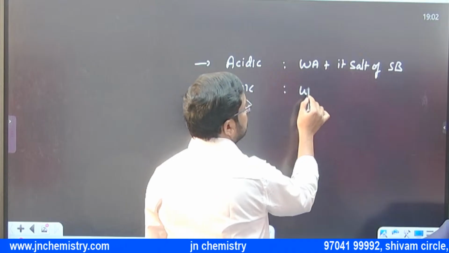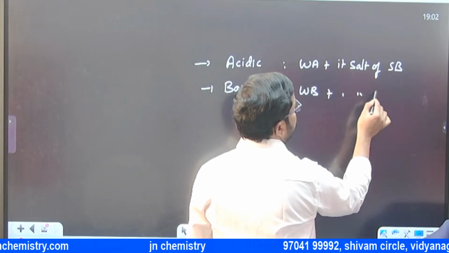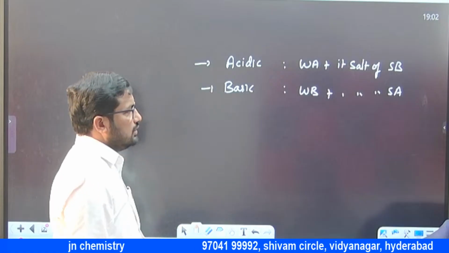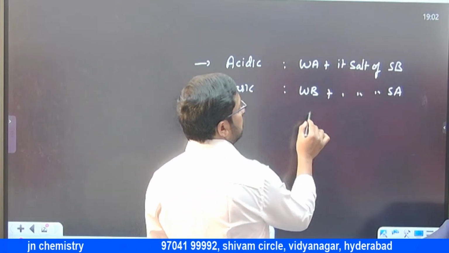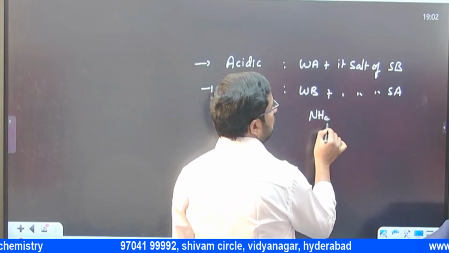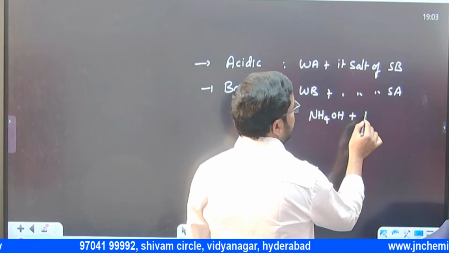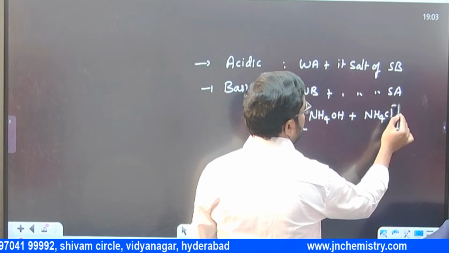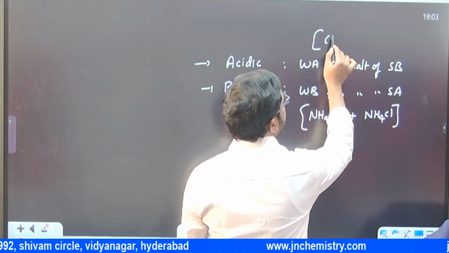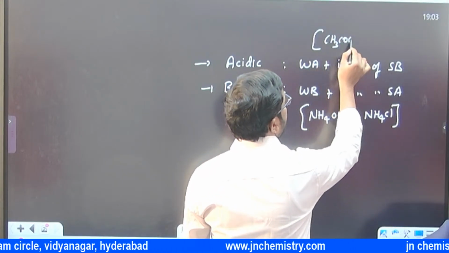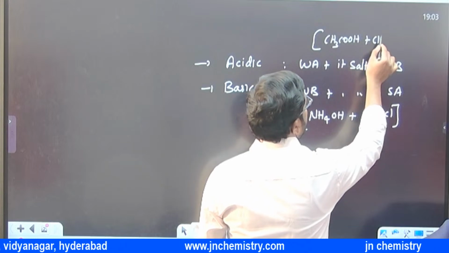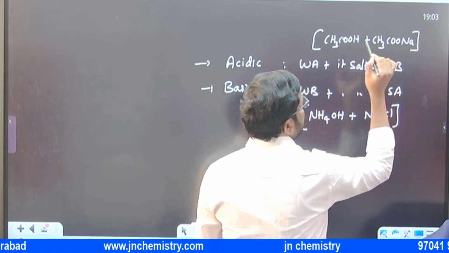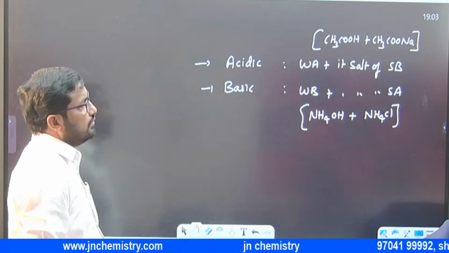Basic buffers: a weak base plus a salt of a strong acid. For example, NH4OH with NH4Cl. I already gave you CH3COOH with CH3COONa.